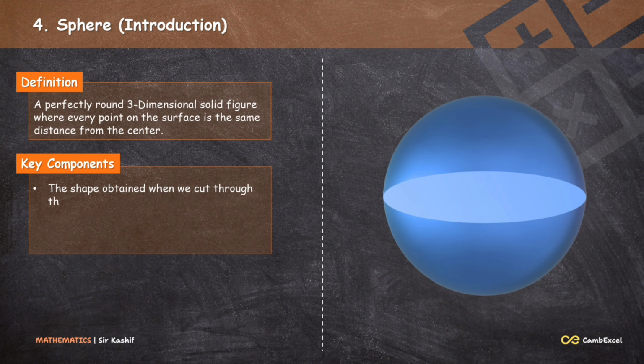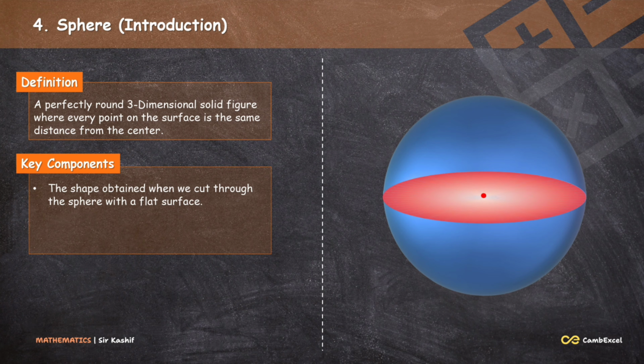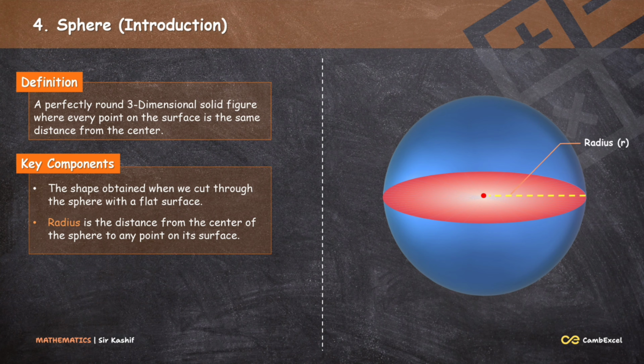The shape obtained when we cut through the sphere with a flat surface is known as the cross-sectional area. It is an important shape as it also contains the center. Radius is the distance from the center of the sphere to any point on its surface. And this radius is always labeled as small r.